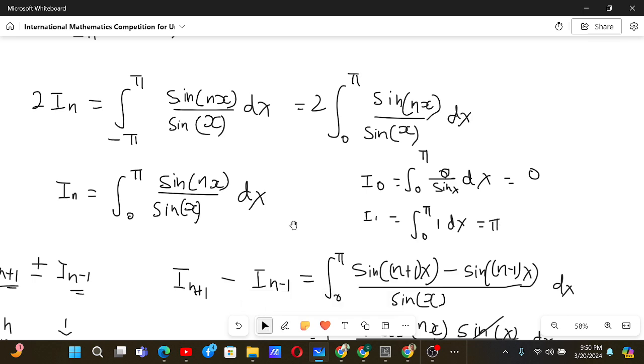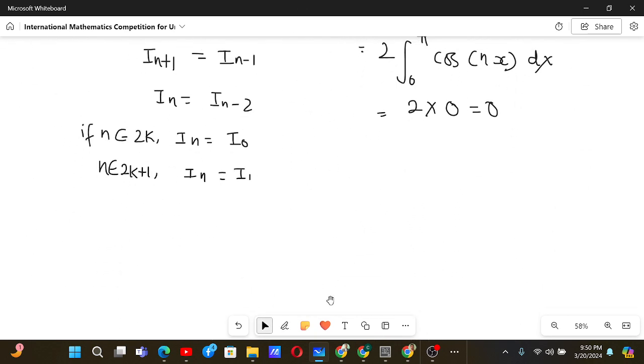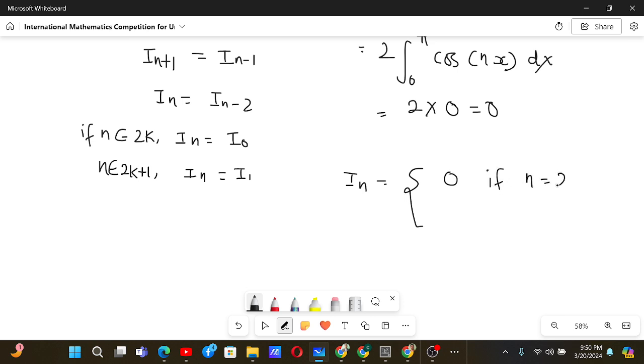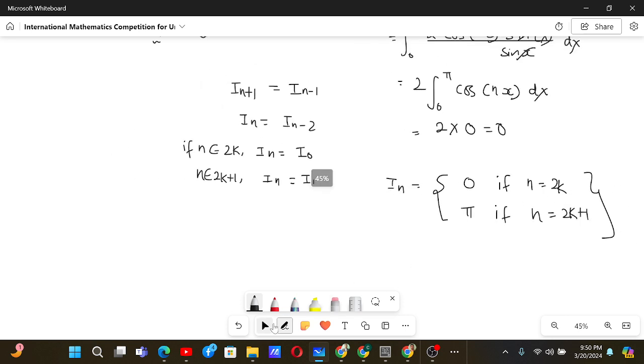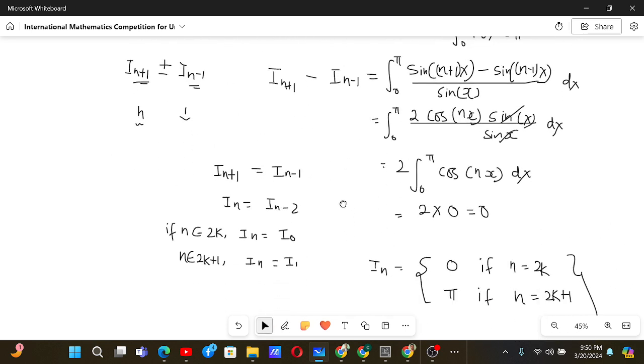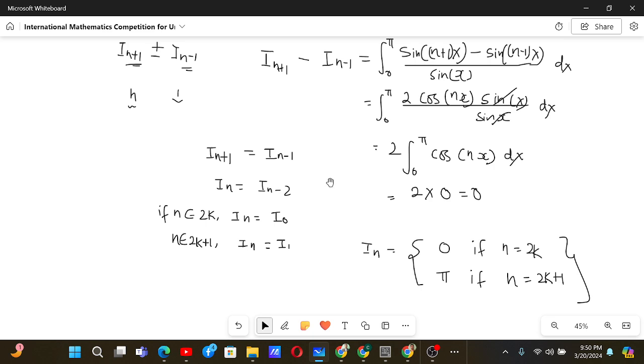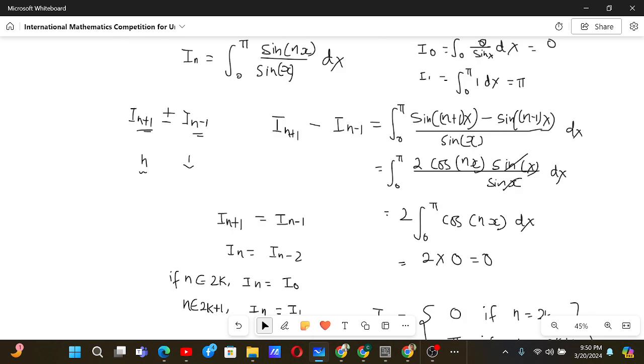So that's why our integral I of n is equal to 0 if n is even, and is equal to pi if n is odd. And that's it. We have solved the problem from the International Mathematics Competition for University Students.